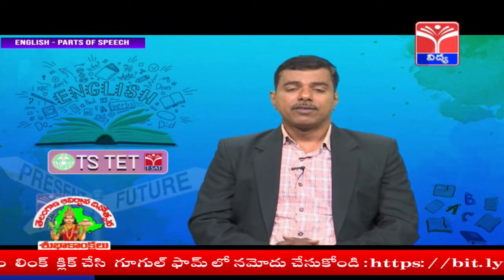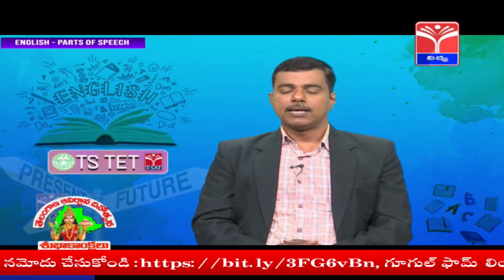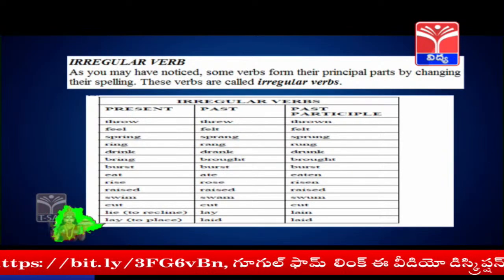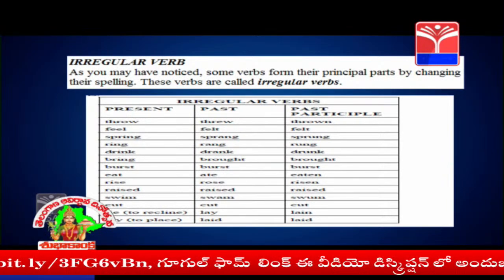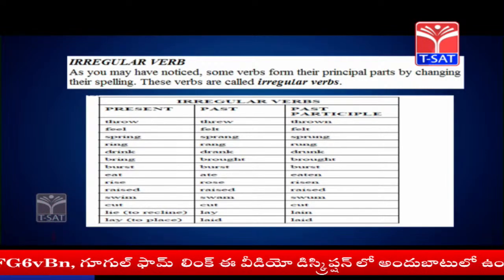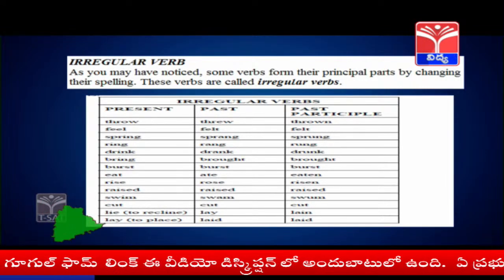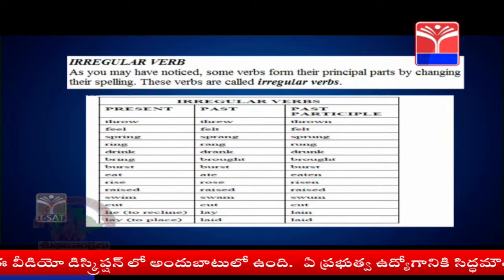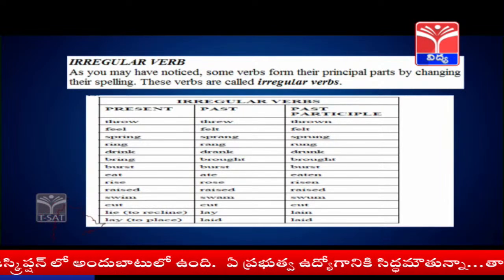The other category of verbs which we come across is irregular verbs. As you may have noticed, some verbs form their principal parts by changing their spelling, right? Such verbs are called irregular verbs.